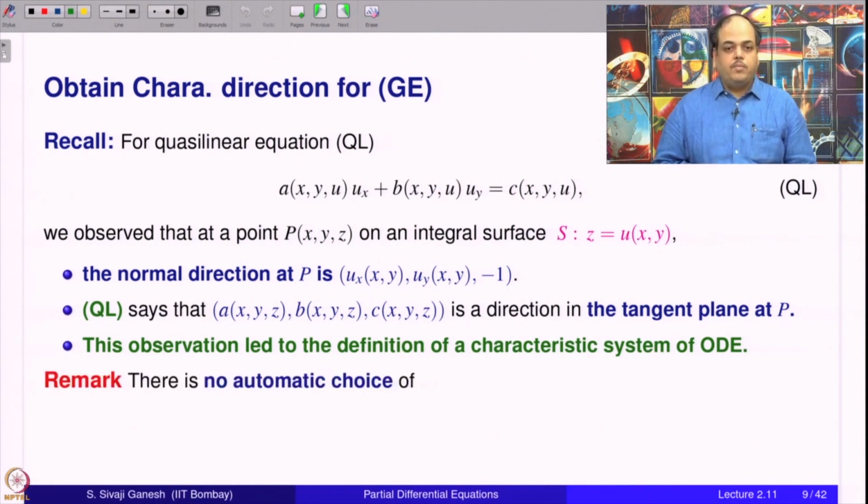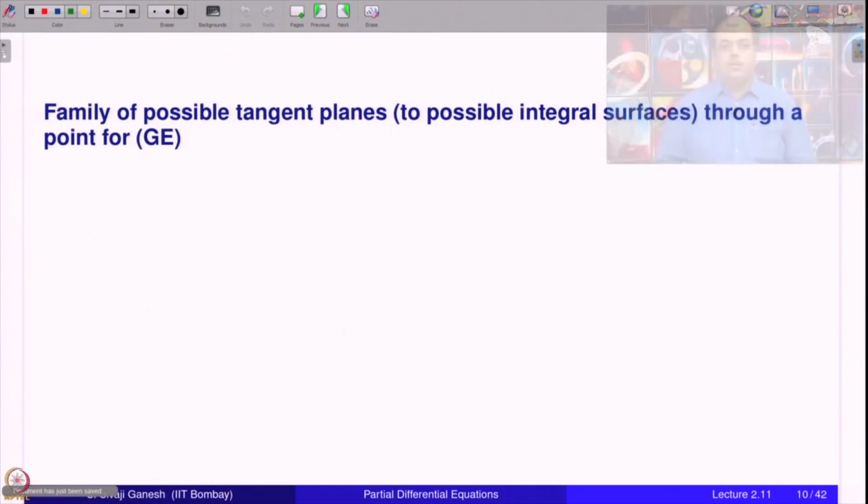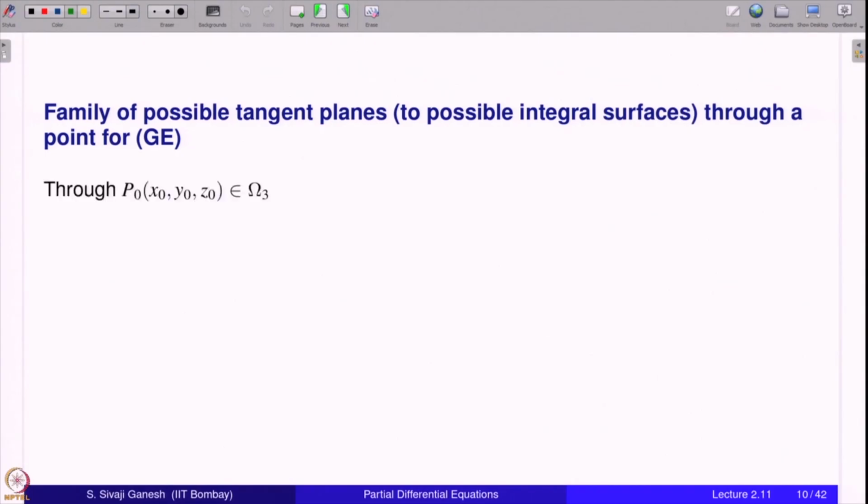Once again, there is no automatic choice of such a characteristic direction for general equations. So, then we went on to consider this family of possible tangent planes to possible integral surfaces through a point for the general nonlinear equation.